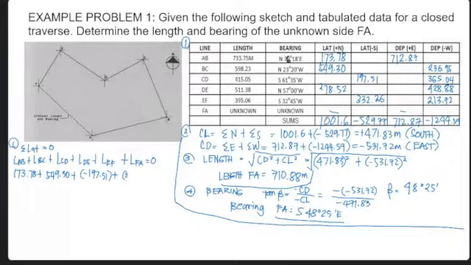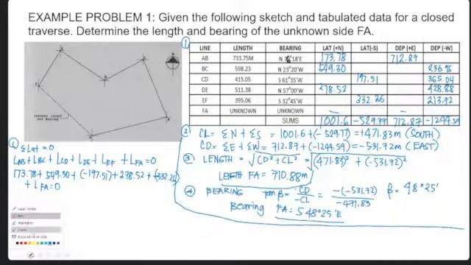DE is 278.52, plus negative 332.26 for our EF, plus LFA. Okay? So, isa lang yung unknown quantity, unknown variable natin dyan, which is LFA.